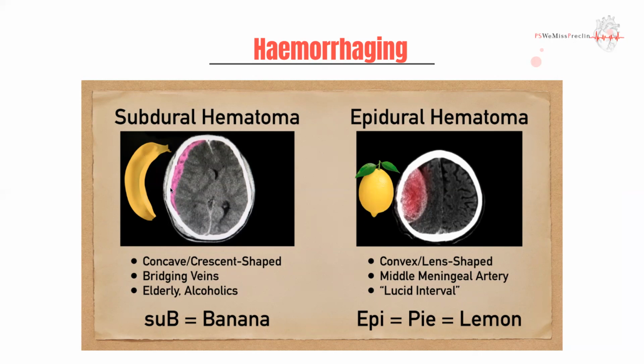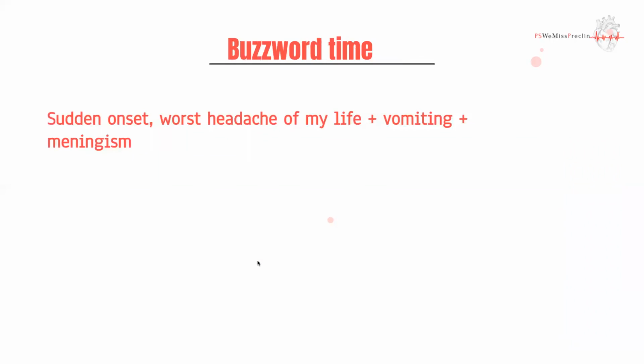So the subdural is crescent shaped, and blue meaning venous blood, versus your epidural hematoma, which is going to be a red lemon, meaning it's an arterial bleed, and it's going to be more lemon-like versus the subdural that is more crescent-like. And epi, you think pie, lemon. I know it's a bit of a stretch, but sub, banana.